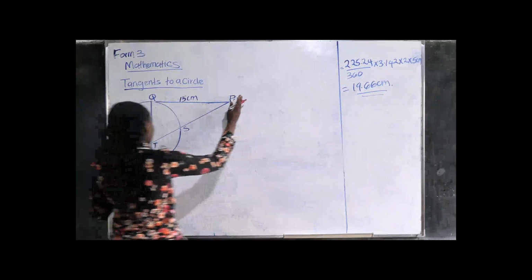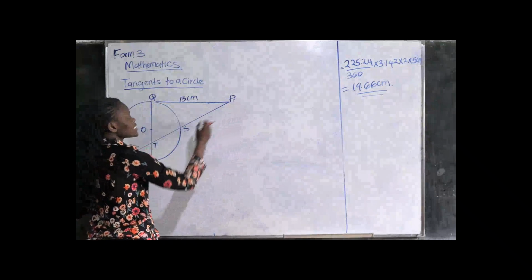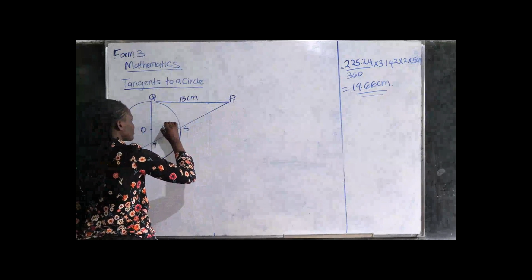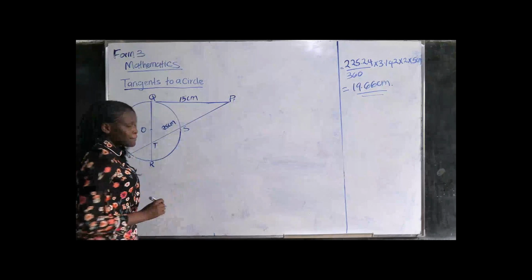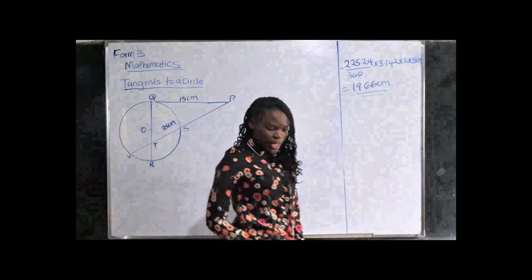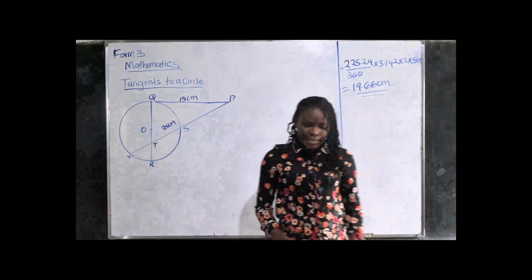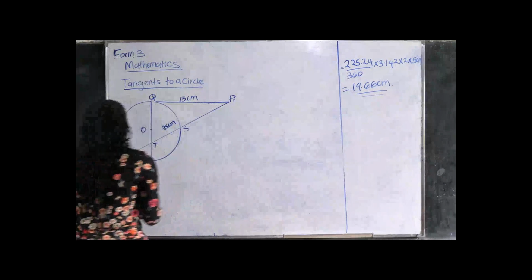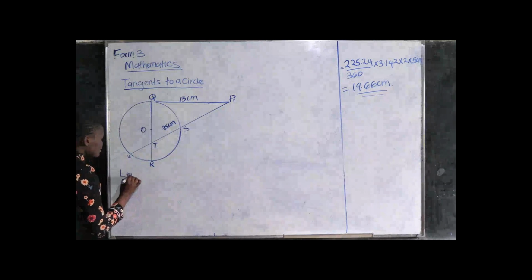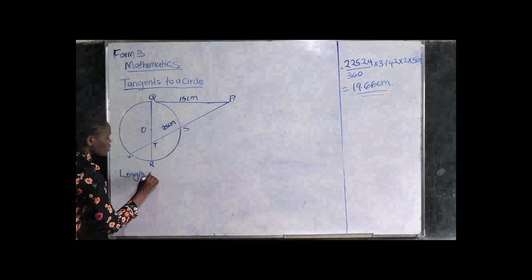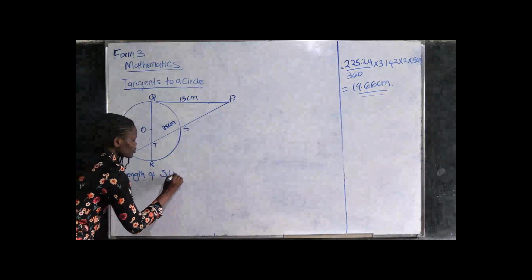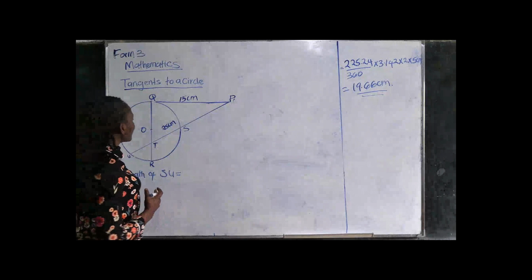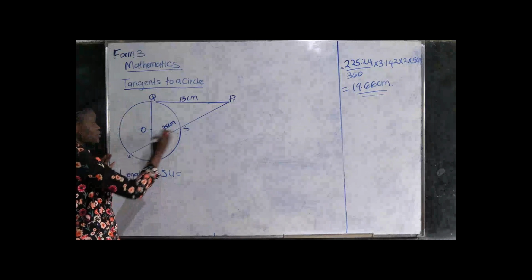UP, the whole of this chord that extends to P, is 25 centimeters. Now we are being asked to calculate the length of SU.